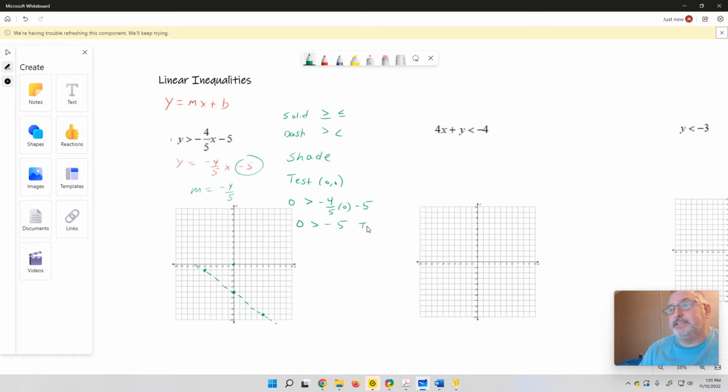Since this is true, I'm going to shade the region above, where 0 is. So this is what my graph of my inequality would look like. Okay, simple process. That's how it's done.